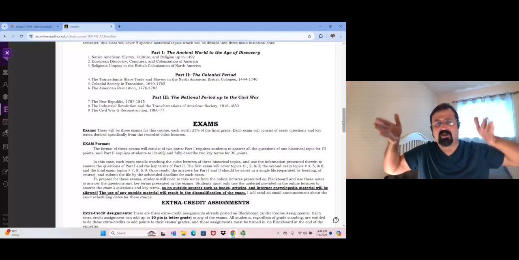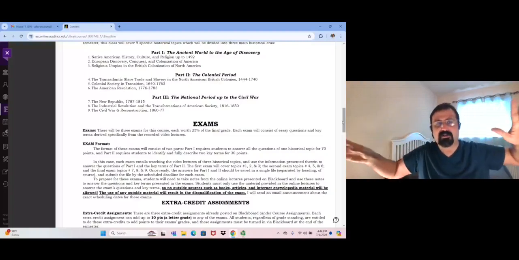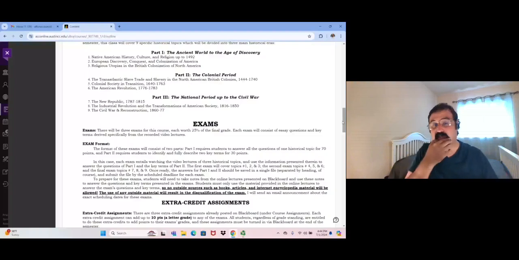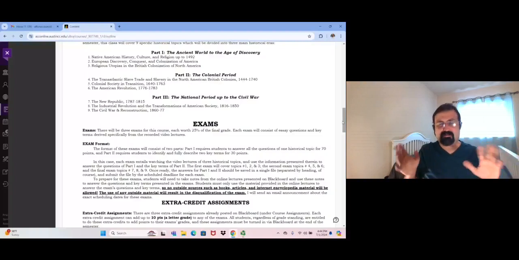1492 is really a critical year because this is the discovery of America by Europeans, when Columbus arrives, in other words. So we're looking at everything before Columbus, up to 1492. We're looking at history, culture, and religion. You're going to be learning quite extensively about the Native American world, the major civilizations, the peoples that inhabited North America, and so on.